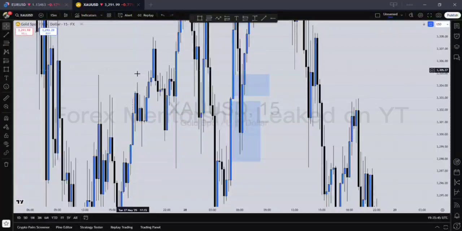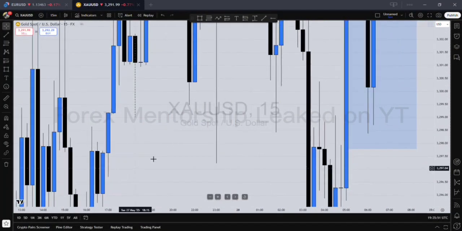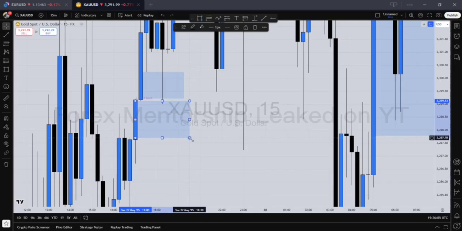That is if price is going to use a fair value gap without obvious inducement or engineered liquidity. You can see even this is a ranging market, and price is still respecting that. These are some of the things that you learn from experience, from mistakes, from losses.